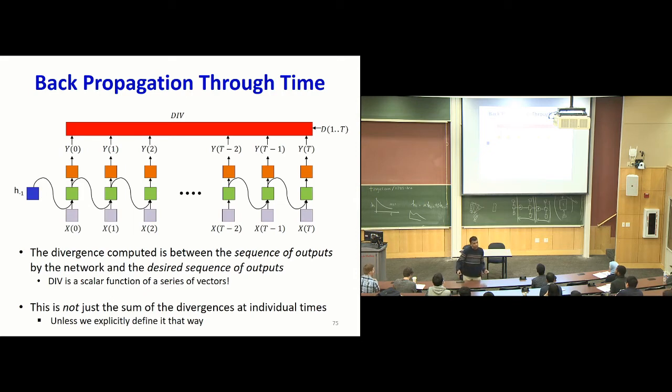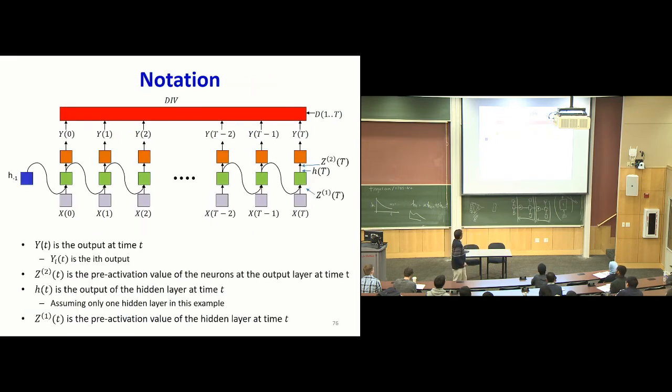Which means that the actual error cannot simply be computed as the sum of the errors at individual times. So in general, you're going to assume that this divergence is not necessarily decomposable. It's an error between two sequences. That's what you're going to be minimizing, okay? In some special cases, we can assume that it will break down. We'll get back to that.